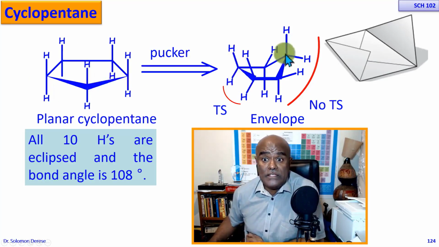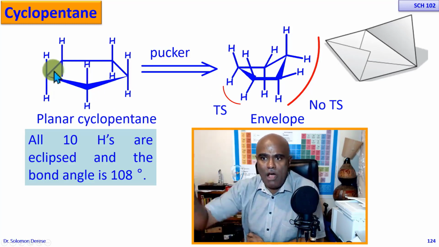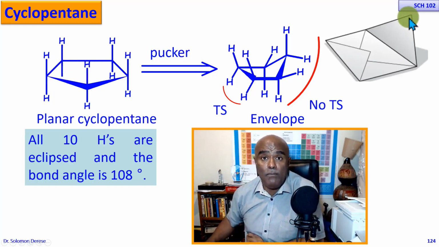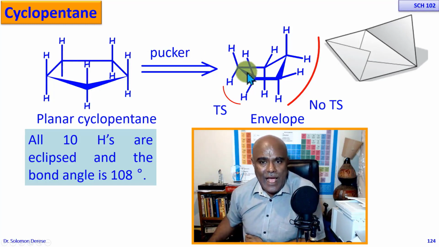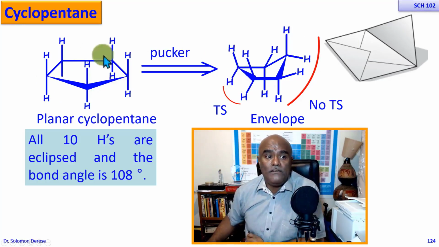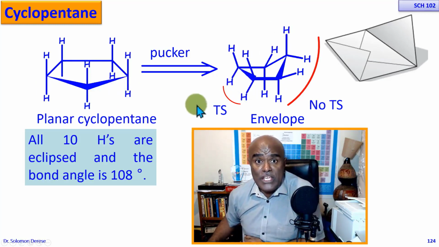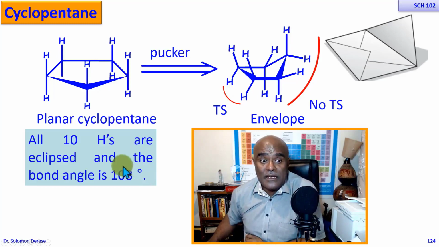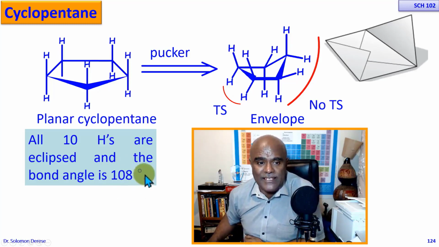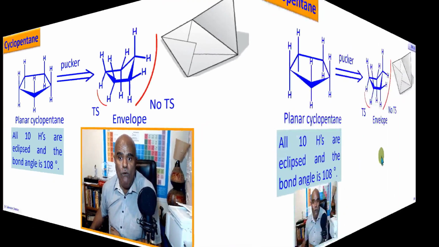It has got this three-dimensional structure where one of the carbons of the cyclopentane, any of the carbons, comes out of plane like the flap of an envelope. Unfortunately, when it went from the planar conformation to the envelope conformation, the bond angle reduced from 108 degrees to 105.